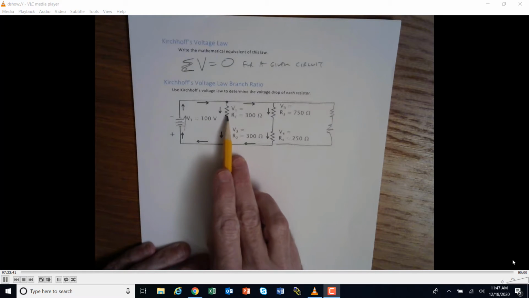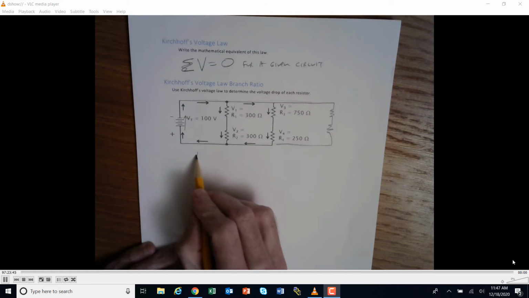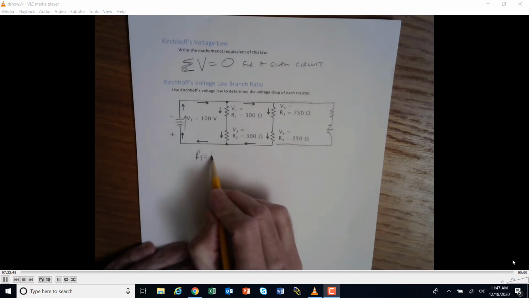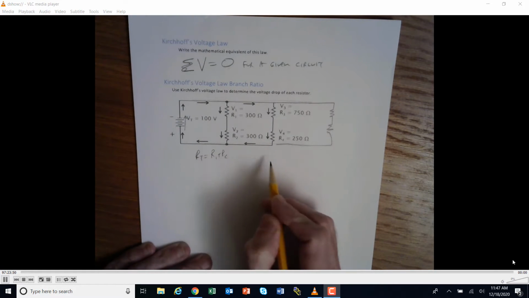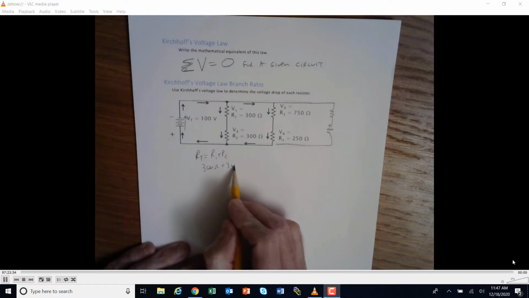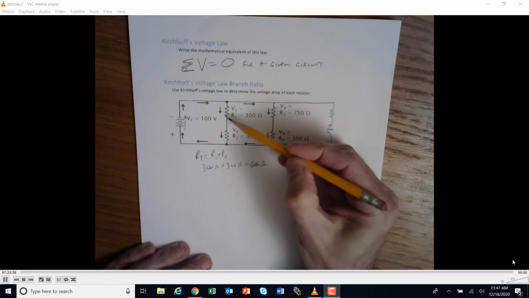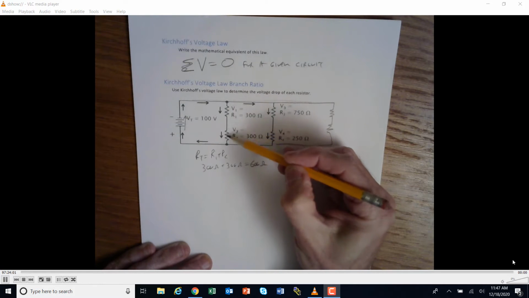This resistor is 300, and this resistor is 300. So our total is going to be R1 plus R2. 300 ohms plus 300 ohms is 600 ohms, so there's a 600 ohm resistance here.